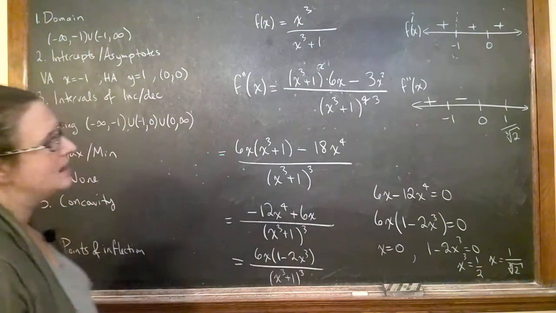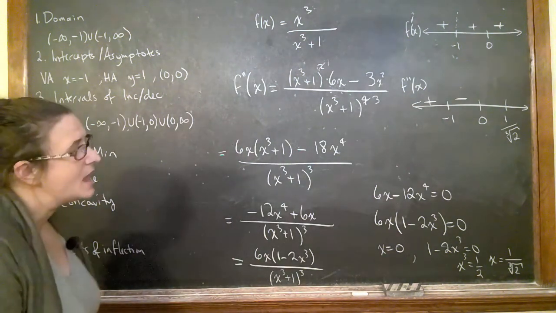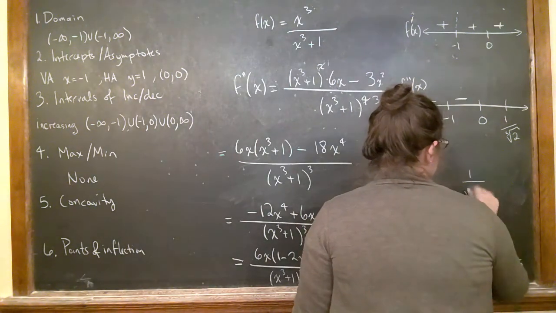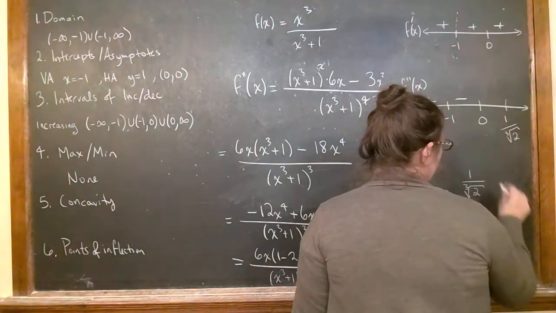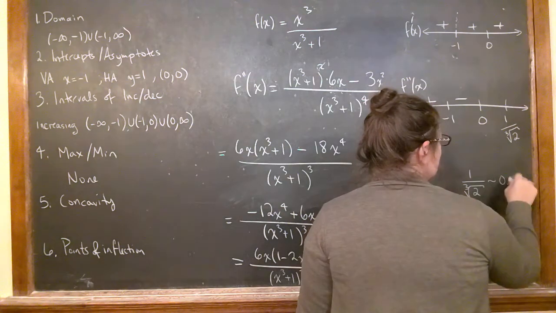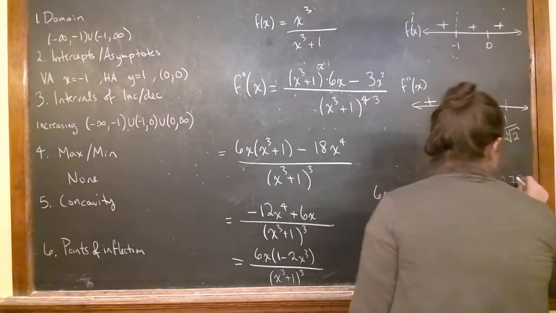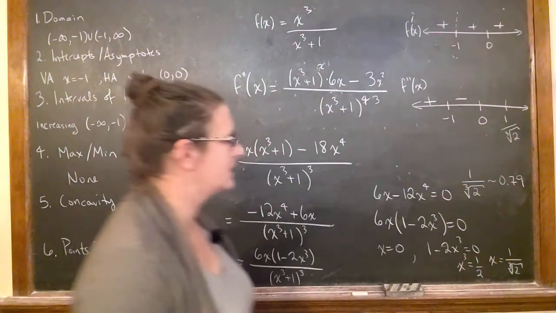Now, let me think. I actually worked this out. So, this 1 over the cube root of 2, it's something like 0.79. Okay, so it's like 0.8.